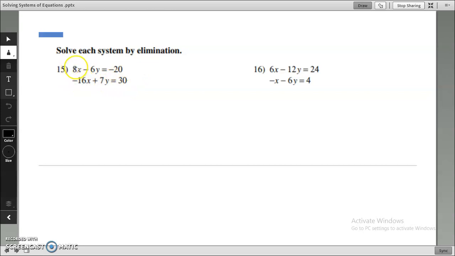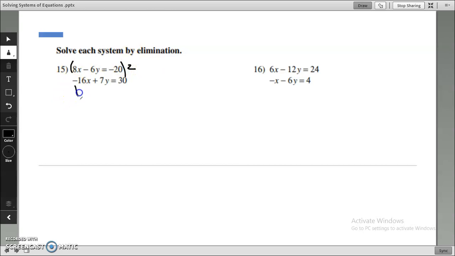Looking at my x values, I can easily see that they have something in common. If I multiply this by 2, that gives me 16, and that means my x value can go away. Also, I want to make sure that they have opposite signs. This is positive, this is negative. It works out.